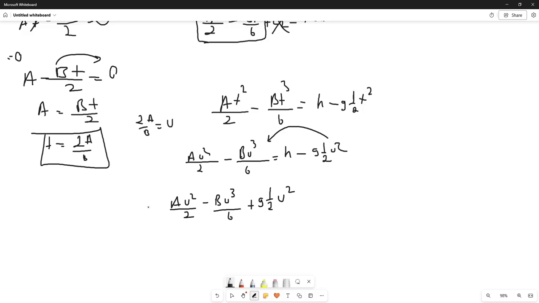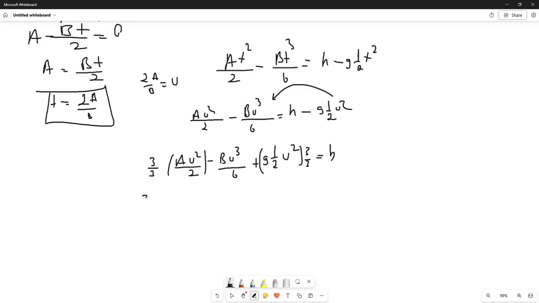We should multiply these equations by 6, and what do we get? 3a u squared, minus b u cubed, plus 3g u squared, all divided by 6.